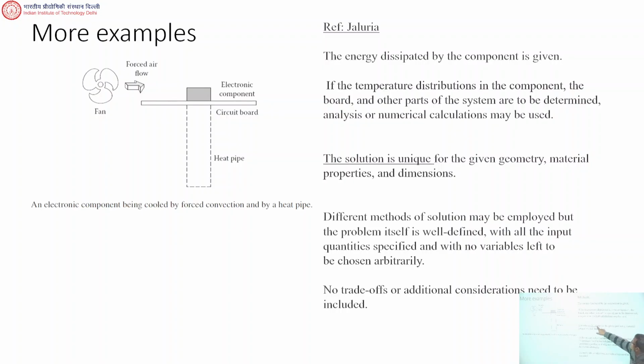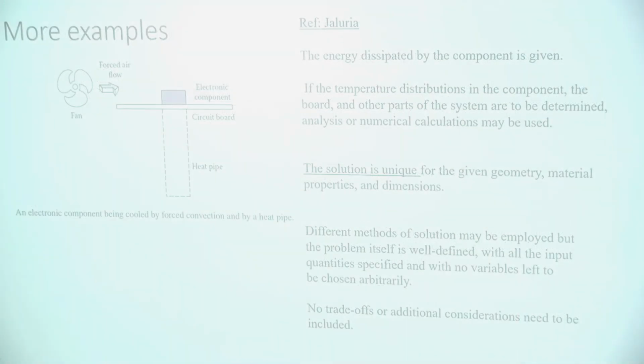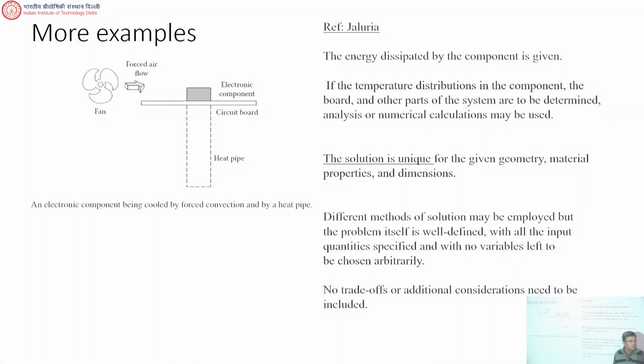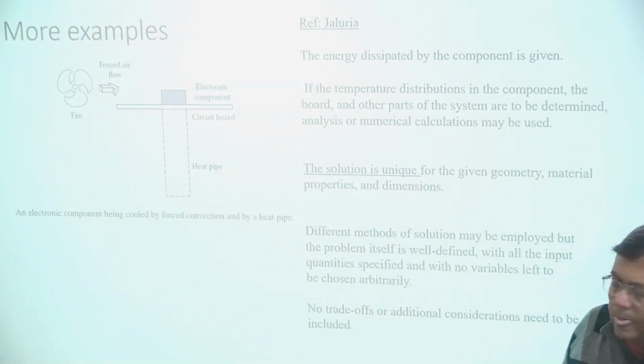The solution is unique for the given geometry, material properties, and dimensions. It doesn't vary from one person to another. Maybe the mathematical method of solution can vary a little bit. If there's some problem, you use separation of variables and somebody else uses the method of Laplace transform. There are other methods also, but it's going to be the same solution.